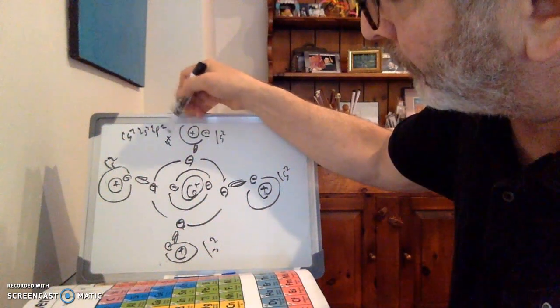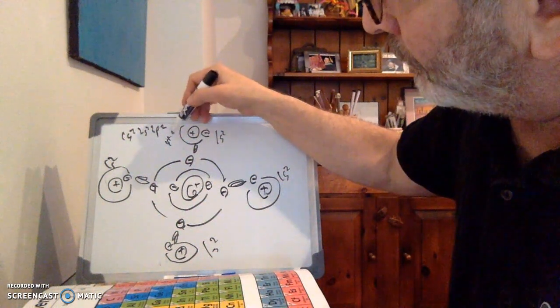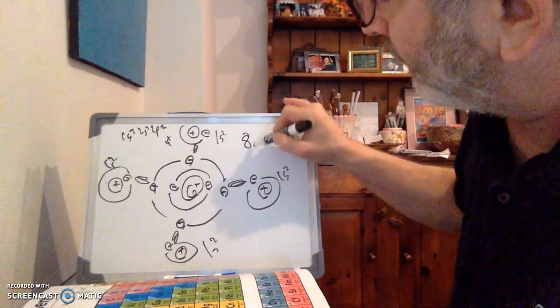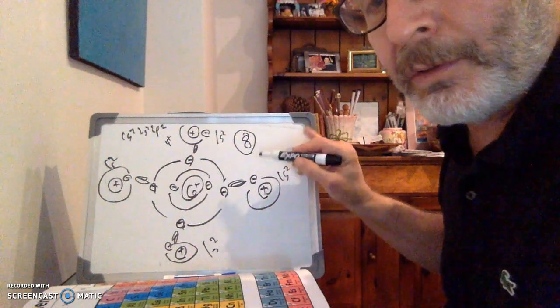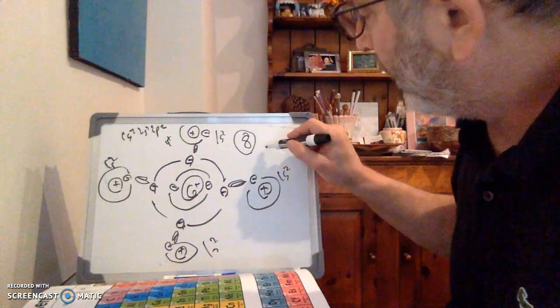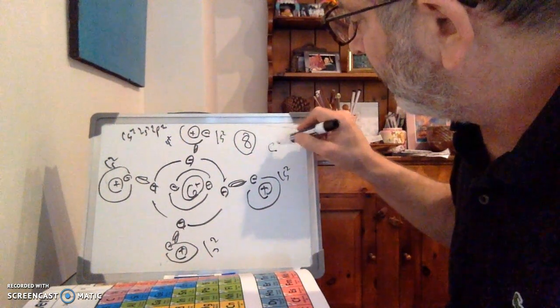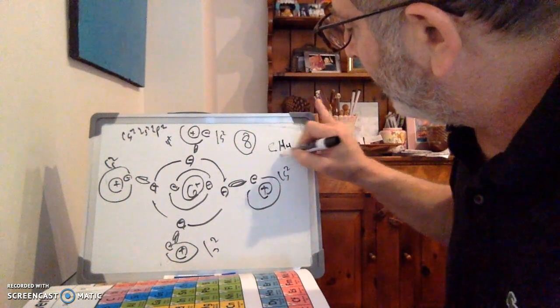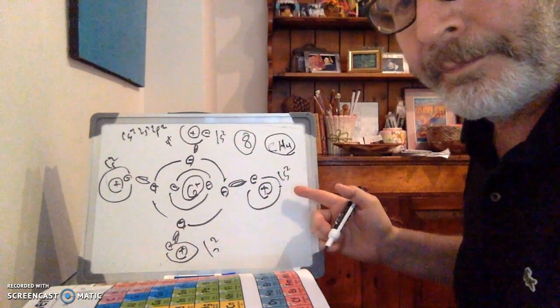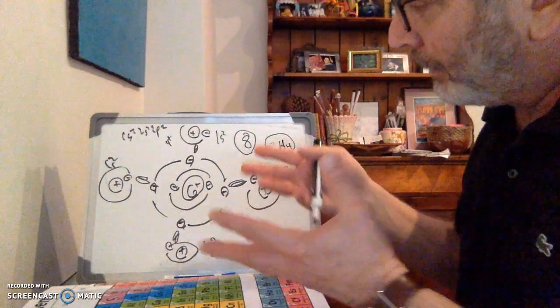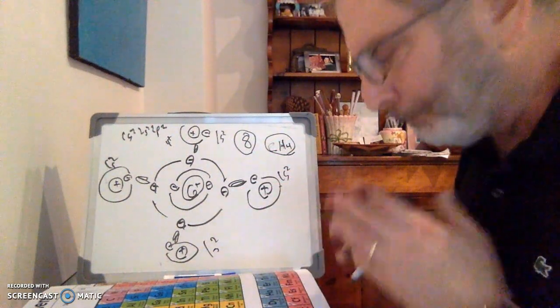Now the p orbitals are filled up at 6, and what's 4 plus 2 plus 2? 4 plus 2 plus 2 is 8. That's that magic octet number. And this is the basis for methane gas, CH4. This is how CH4 forms, which is the most basic organic molecule. It all fits together, see?